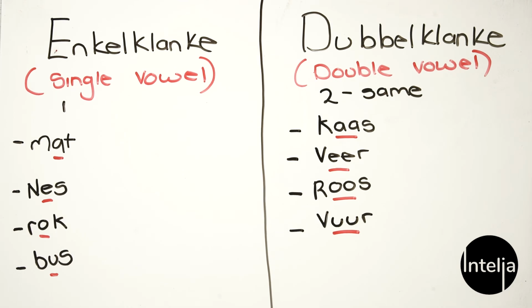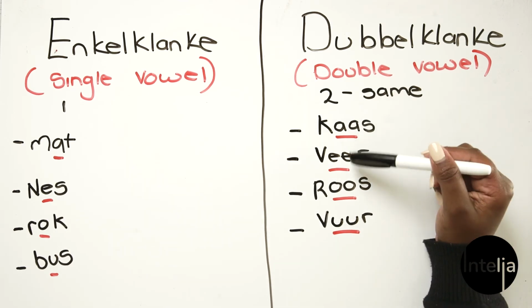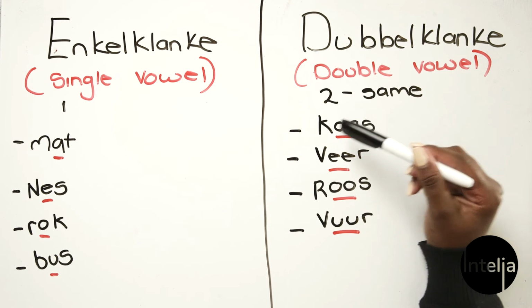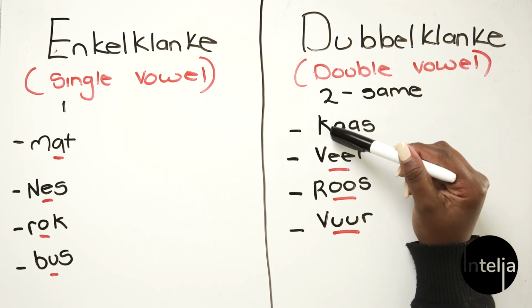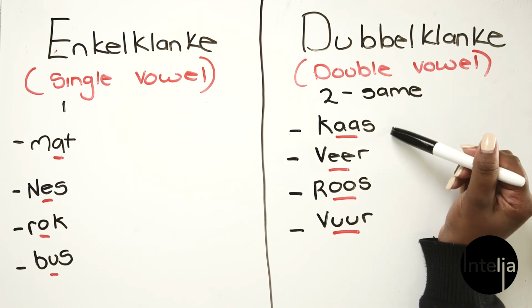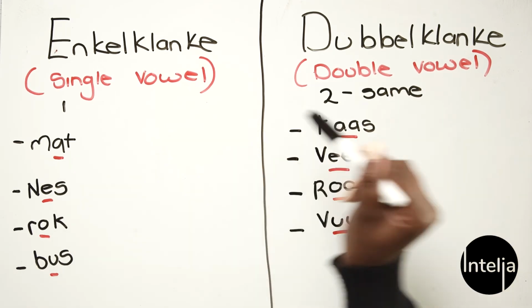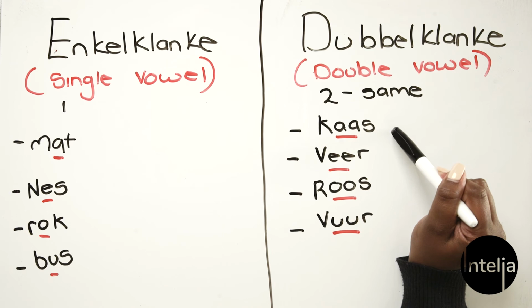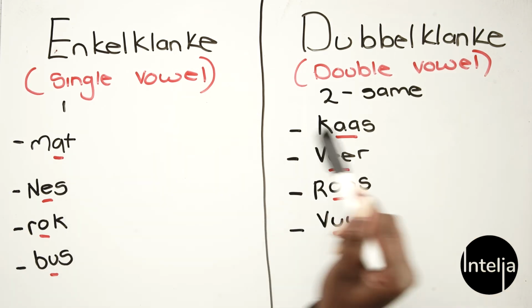Now, what these doubles do is that they extend the sound of your first vowel. So the only way it changes the word is by making it seem longer. So you have mat and you have gaas. Do you hear the difference in the two?